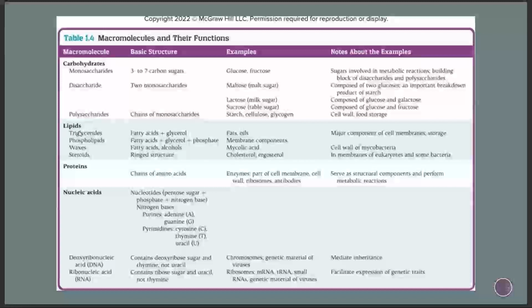These would be fats, oils, cholesterols, phospholipid bilayer would all fall in that category. Proteins, which would be chains of amino acids that can form enzymes or antibodies or machinery of the cell. And we have our nucleic acids, DNA, RNA, you could even include ATP, that have their nitrogenous bases, the sugar, and the phosphate as a part of their structure.